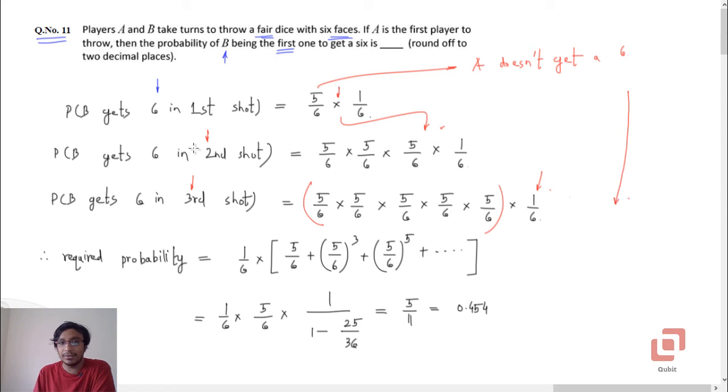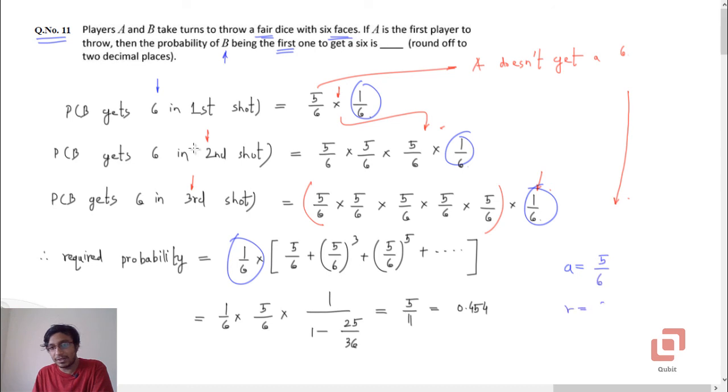Okay, so this is clearly a geometric series with first term 5 by 6 and common ratio 5 upon 6 raised to 2 if you take 1 upon 6 common. Okay, so take it common. First term is 5 by 6, common ratio is 5 by 6 squared. Okay, so A is 5 upon 6 and the common ratio R is 25 upon 36.